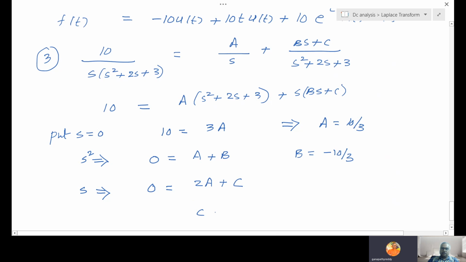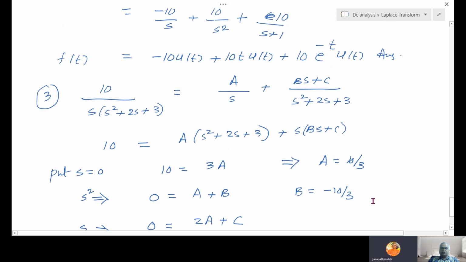So c is equal to minus 2a. Minus 2 into 10 by 3. So minus 20 by 3. So like this, substitute, then find the inverse Laplace transform.